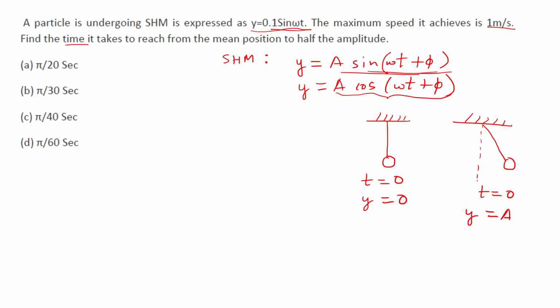So let's first match this given equation with the standard one so that we can find out the value of amplitude, the value of frequency and other things. If you compare this with a sine omega t, and let's take the phase as 0 because phase is not given, we can clearly see that the amplitude is 0.1.